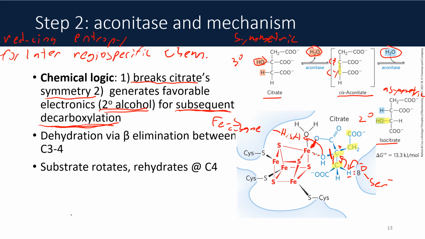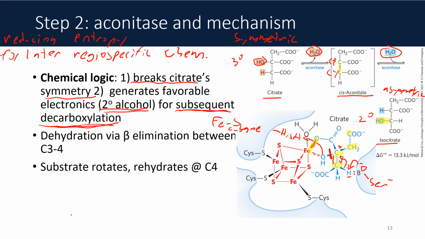It's going to hop right off, and that cubane will keep it in place for a sec because things are about to get spicy. Once we cut that bond between C and OH, well, really the oxonium, so it's going to liberate water, that means the citrate molecule, well, now it's cis-aconitate, is only attached to our iron sulfur cluster at one point, which is over here. That's the last remaining connection.